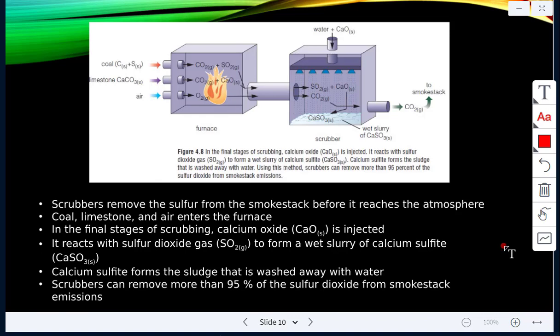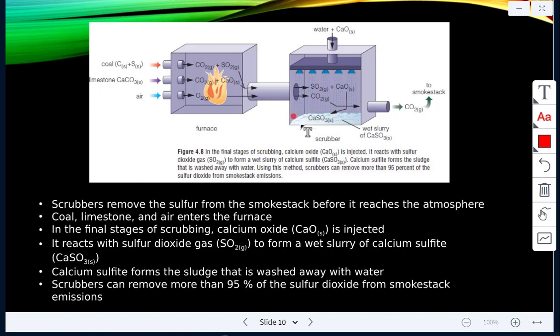This is a diagram showing what's happening during scrubbing. Scrubbers remove the sulfur from the smokestack before it reaches the atmosphere. Here, coal, limestone, and air are entering the furnace. Then in the final stages of scrubbing, calcium oxide, a solid, is injected here, and it reacts with the sulfur dioxide gas to form a wet slurry of calcium sulfite.